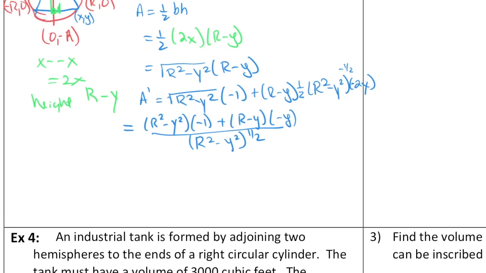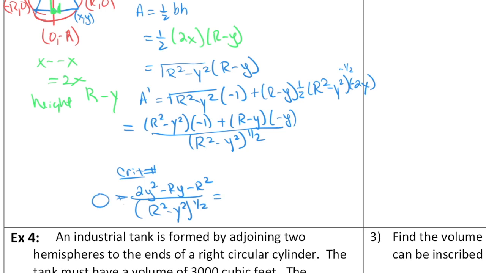And then when you set this equal to 0, let's look at those critical numbers. You're going to come up with 2y squared minus ry minus r squared over that denominator still, r squared minus y squared to the 1/2 power. Do a little bit of factoring.